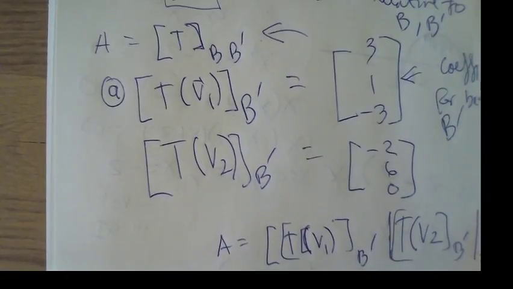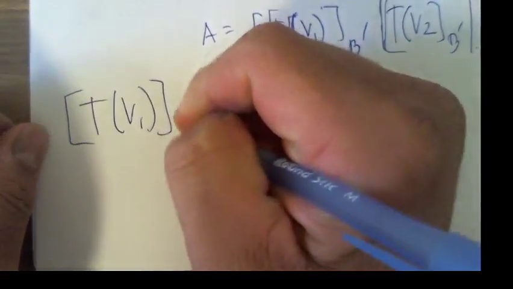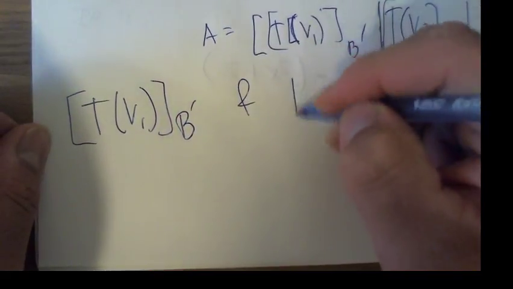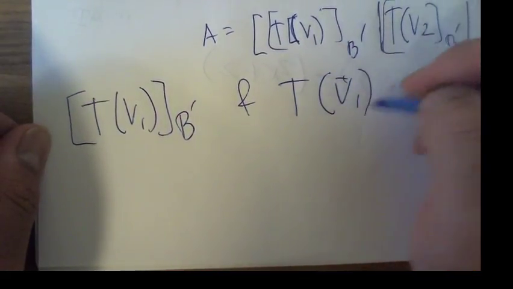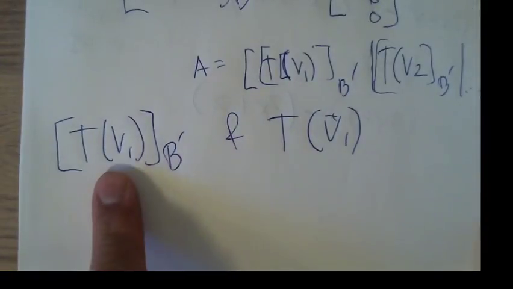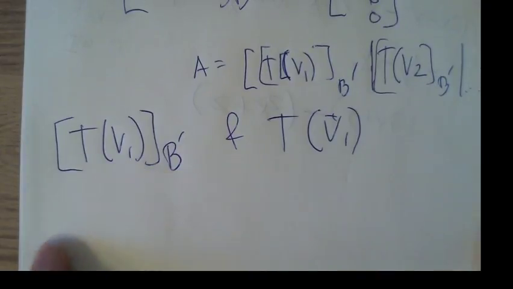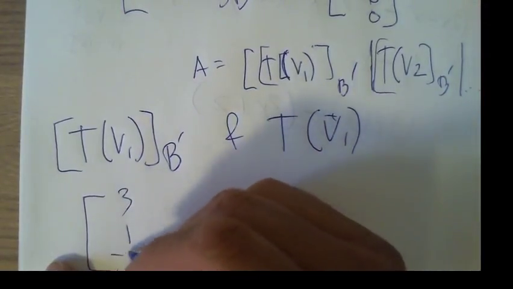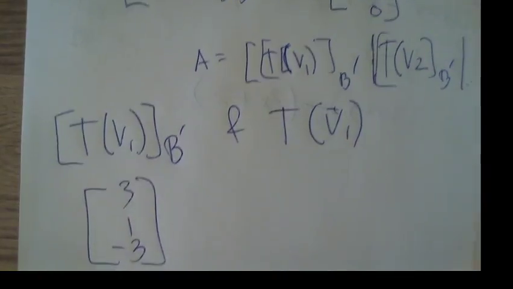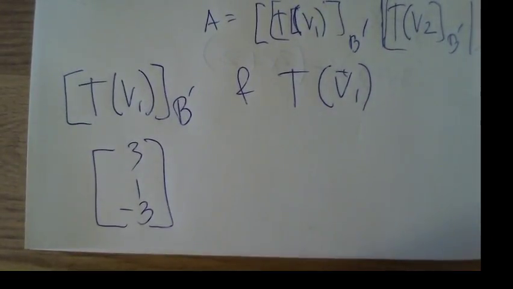So let's answer that question, Lindsay. What is the difference between this and this? When we look at T of v1, 3, 1, negative 3, this is a column vector representing the coefficients relative to the basis B prime.